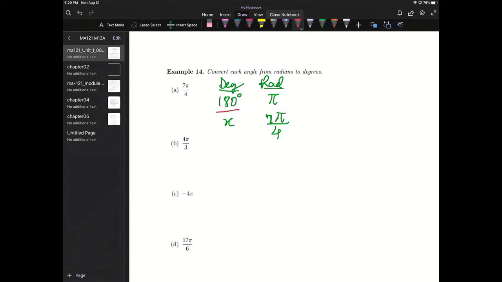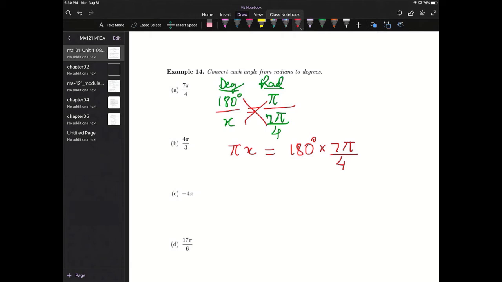So the divisions of these values are equivalent. So we're going to cross multiply and solve for x. So pi x should be equal to 180. Notice that there is no other degree to cancel, right? So I'm keeping the degree symbol there, times 7 pi over 4.